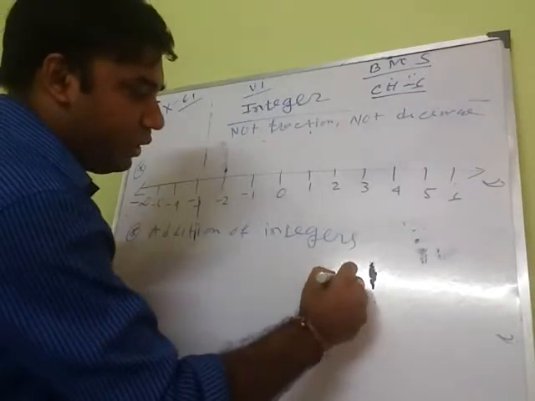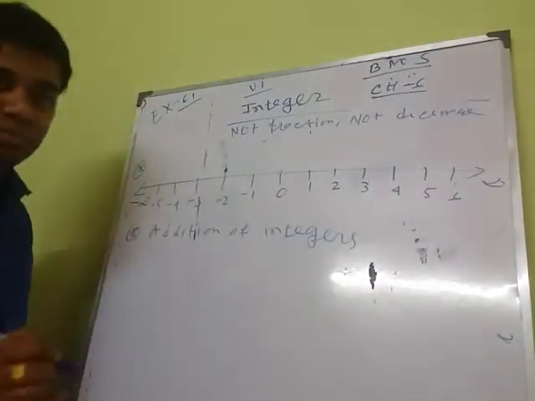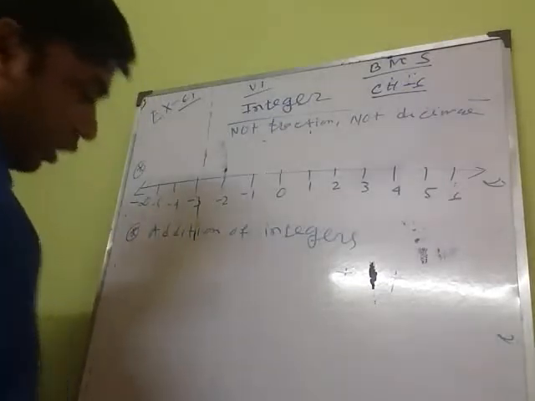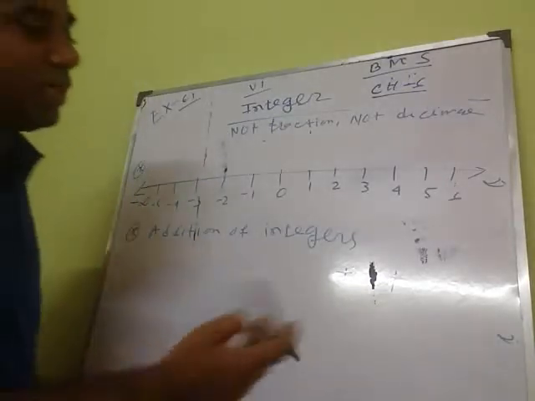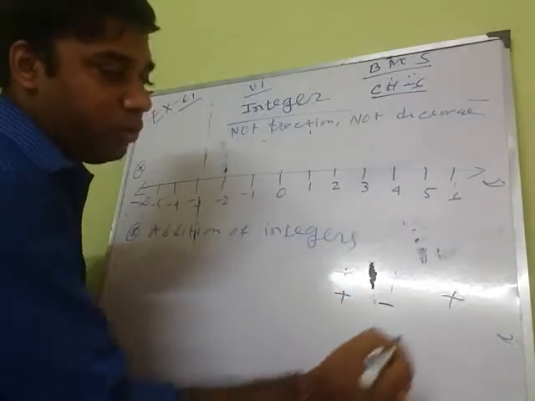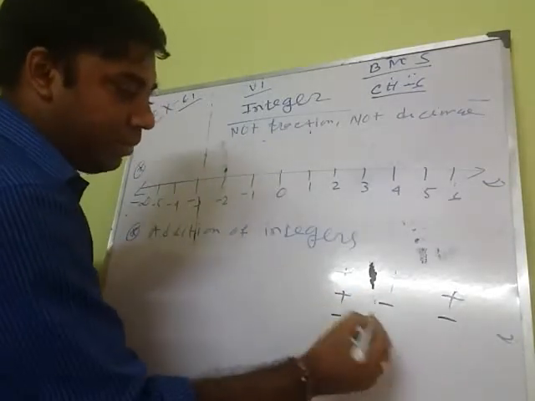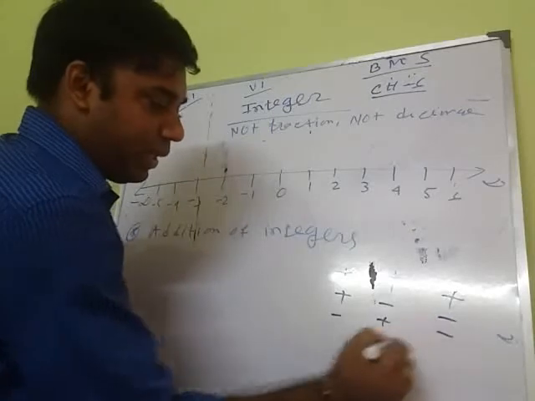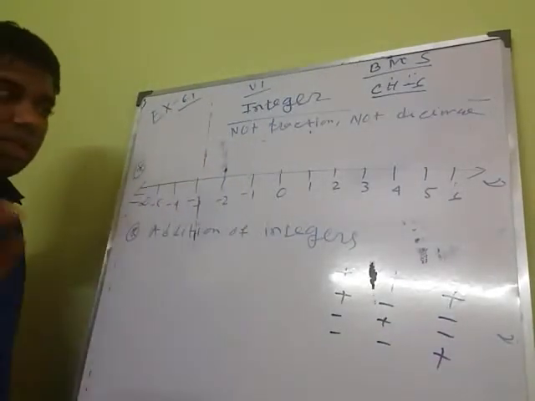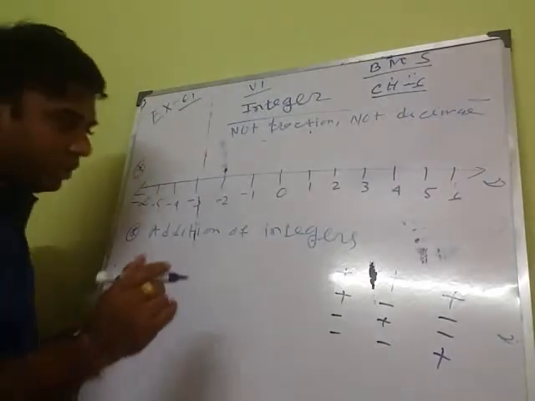If both integers have a plus sign, the operation will be plus. If one is plus and the other minus, the operation will be minus. That is, minus and plus, the operation will be minus. And if both are minus, the operation will be plus.